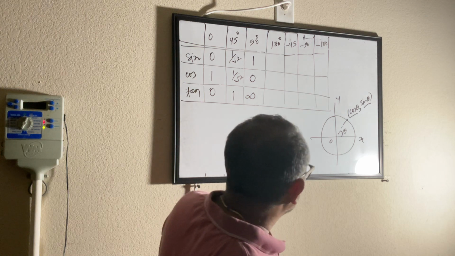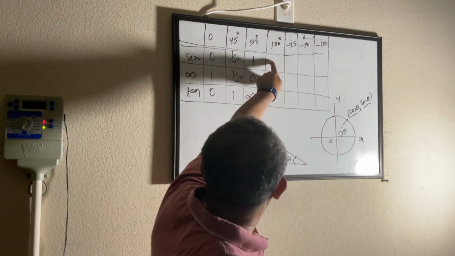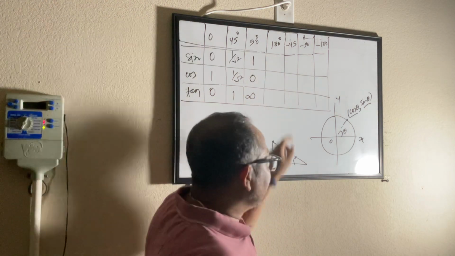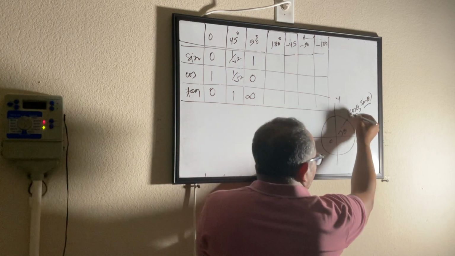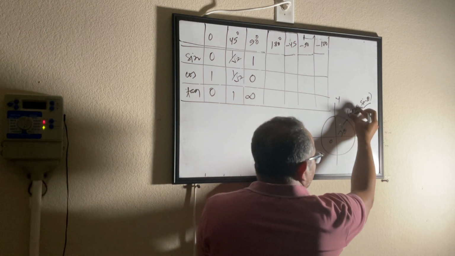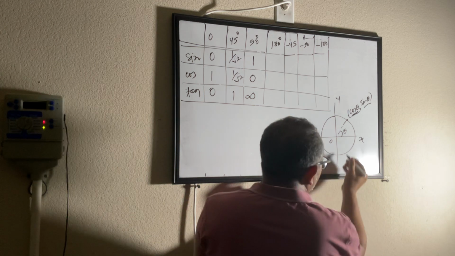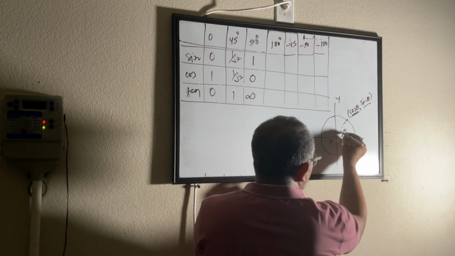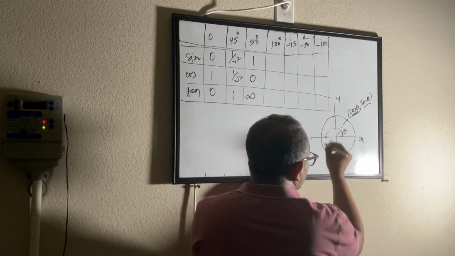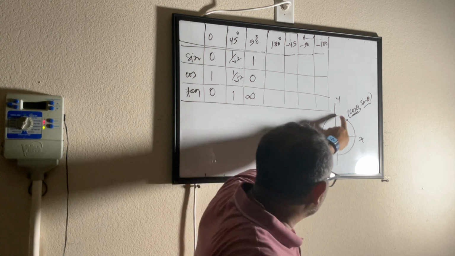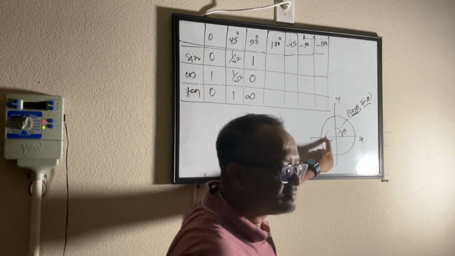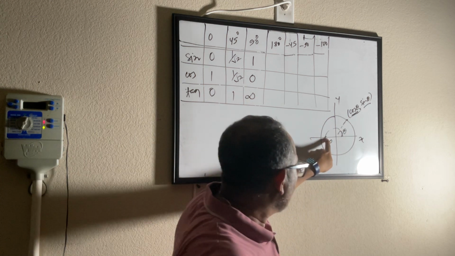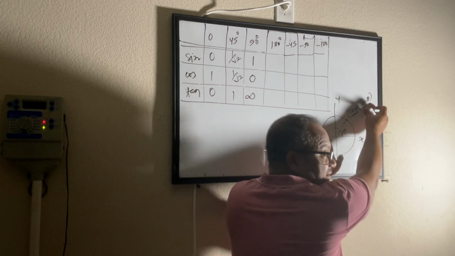Now we are talking about sine 180 degree. Now look at this. X coordinate is cos theta, y coordinate is sin theta. Now when you are talking about 180 degree, meaning you are moving from here and coming all the way to here, when you make 180 degree, what is the y coordinate?